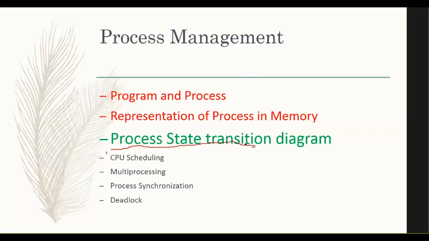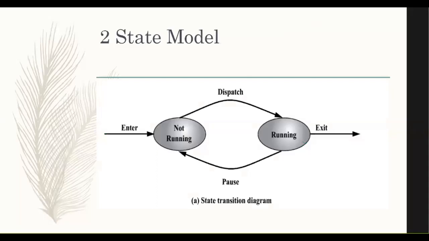What we had done is that we had picked that there are two basic models. The first one is the two-state model. Now this has two states: one is not running and the other is running. Running means it's running on the CPU, and not running means that due to any other reason the process is in the not running state.